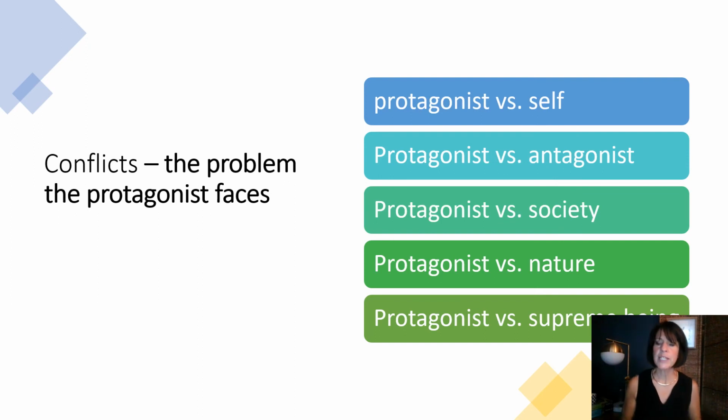There's also protagonist versus supreme being, and this is when your main character really butts heads against God, has a major case of perhaps religious doubt, or it could be the protagonist versus, say, the devil, right? Someone trying to tempt. But going back to Story of an Hour, really the main conflict is probably protagonist versus society.